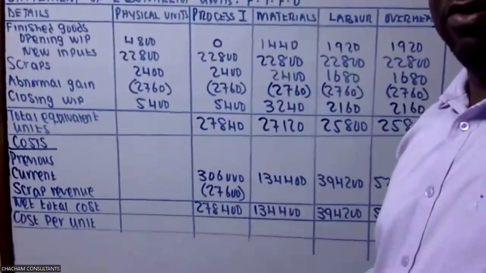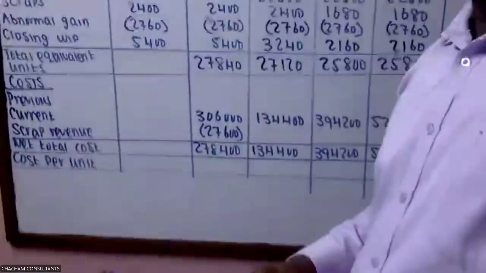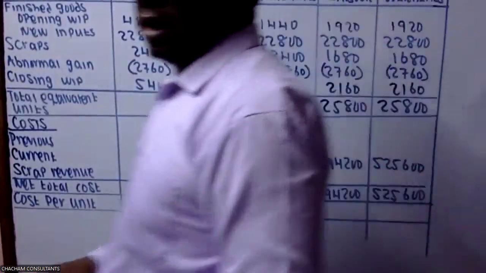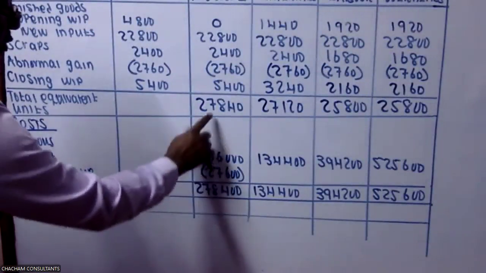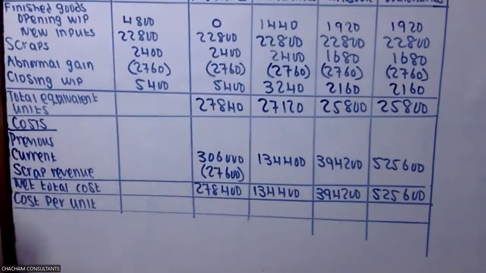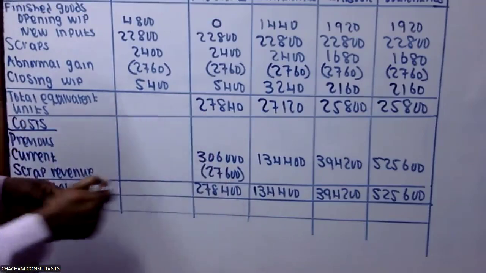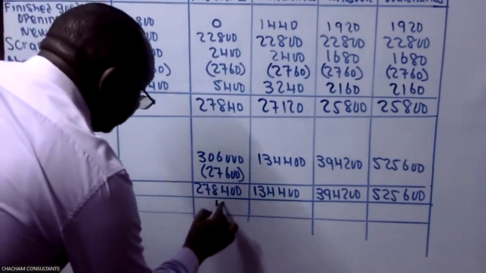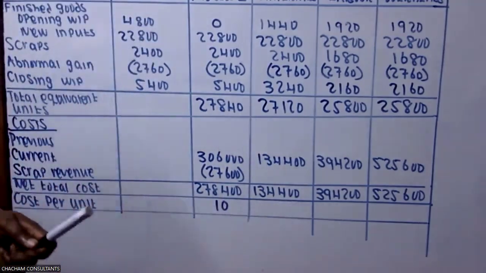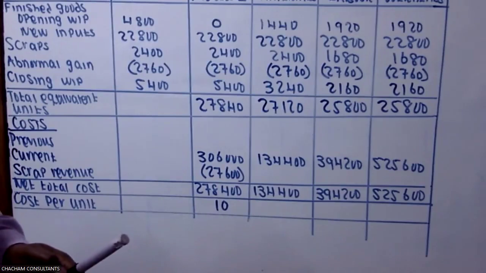From there, the next thing you do is to divide this cost by these units. So hii ya kwanza utasema 278,400 divide by 27,840. Unapata 10. Haya, uende kwa hiyo ingine, 134,400. You divide by 27,120. Unapata, we can call it 5.